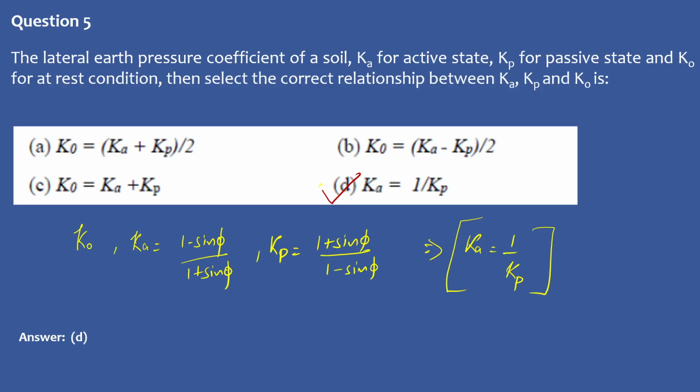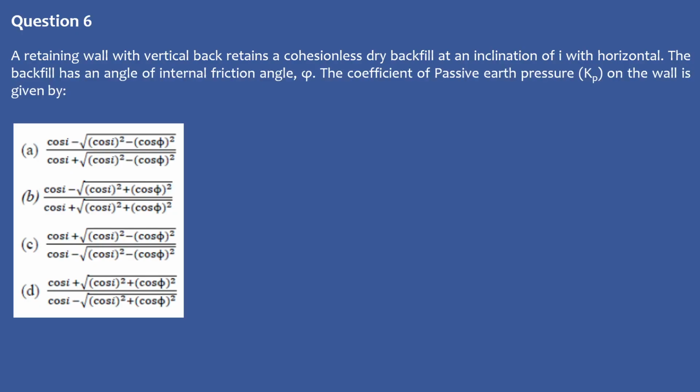So let's move to question number 6. Again, you need to select the required relation. A retaining wall with a vertical backfill retains a cohesionless dry backfill at an inclination of i with the horizontal. The backfill has an internal friction angle phi, and the coefficient of passive earth pressure on the wall is required.